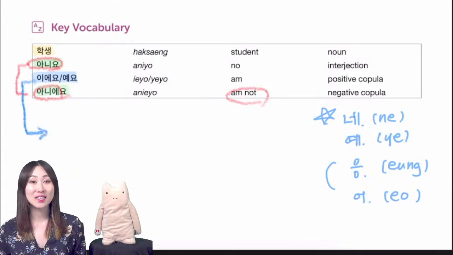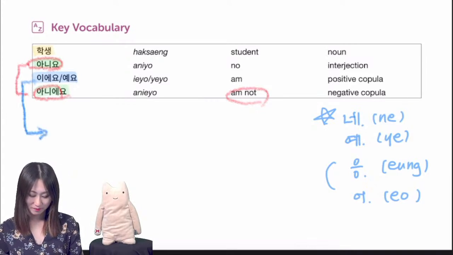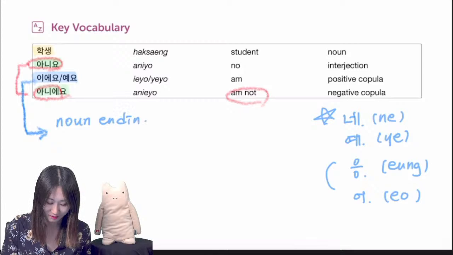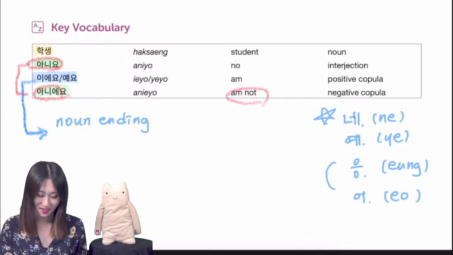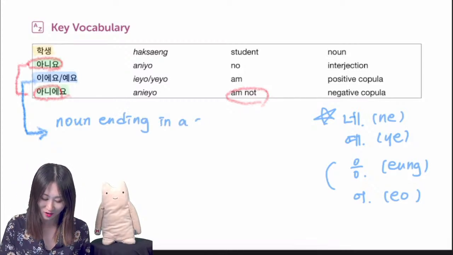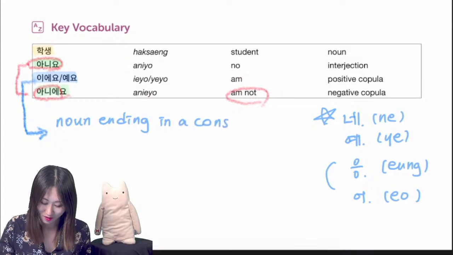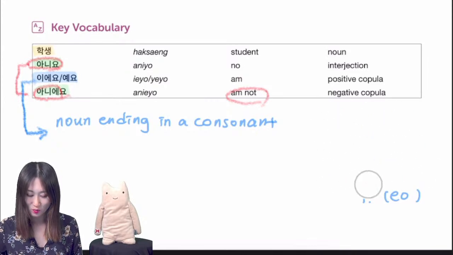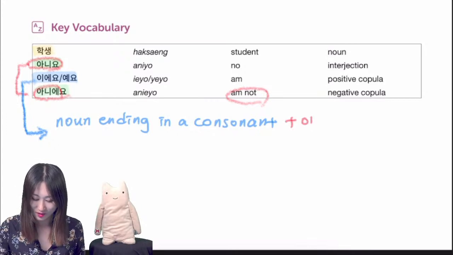This means exactly the same, but if the noun ends in a consonant, then we use 이에요.